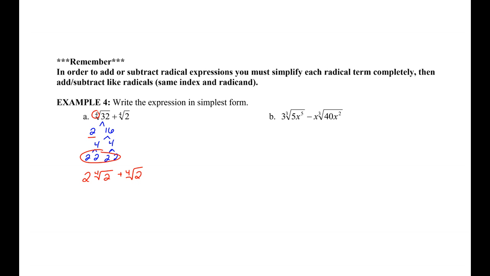That means that you can add together the numbers in front of the radicals. So 2 plus 1 gives me 3, and think of the radical as a variable. It just kind of tags along. So this is 3 times the fourth root of 2. Try and simplify example 4b on your own. We will talk about it in class.